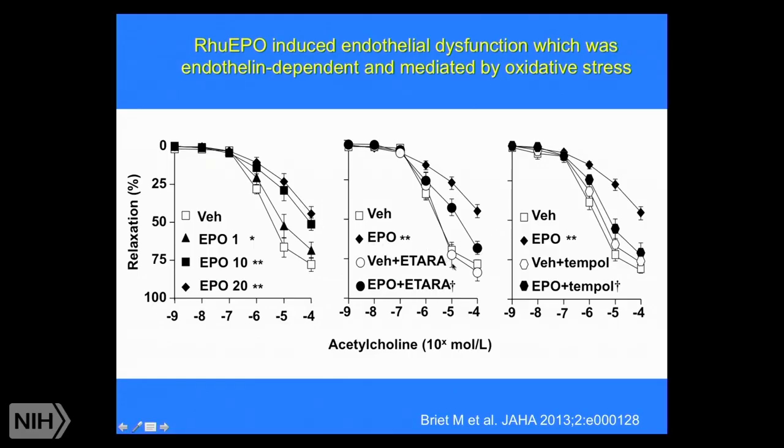And this effect could be blocked by an endothelin receptor antagonist and by a superoxide dismutase mimetic, indicating that probably via ETA receptors, oxidative stress was contributing to decreased bioavailability of nitric oxide and impaired endothelial function.